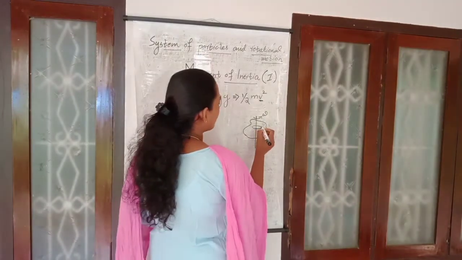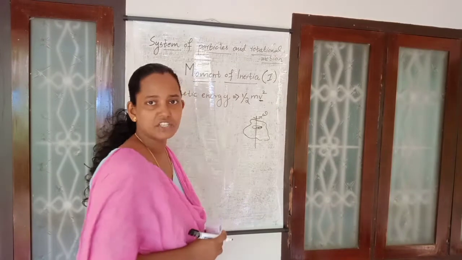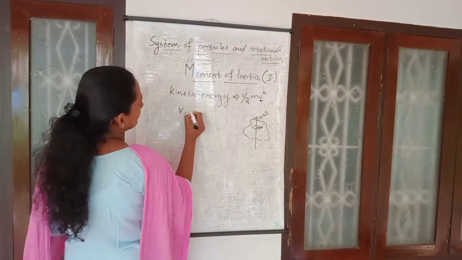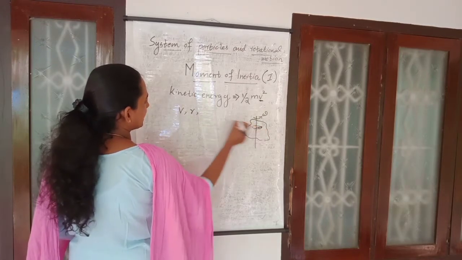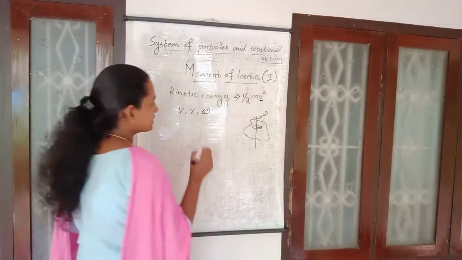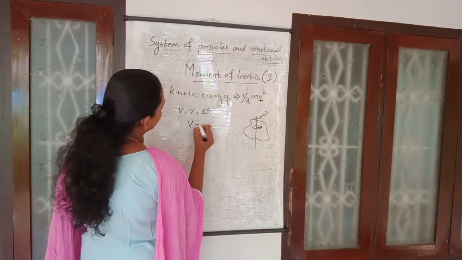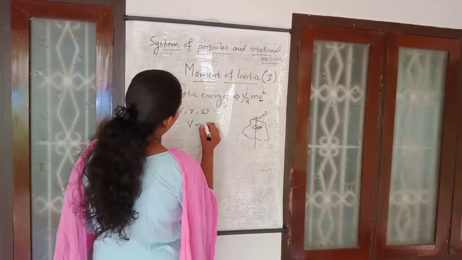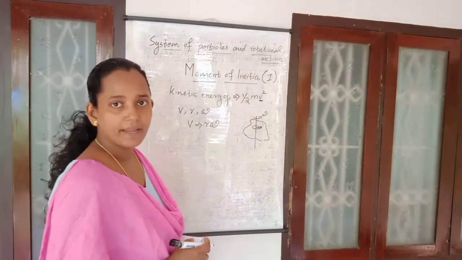If a particle is at a distance r from the axis of rotation, the relation connecting the linear velocity, the position of the particle from the axis of rotation, and the angular velocity omega is, as we studied, v is equal to r omega.